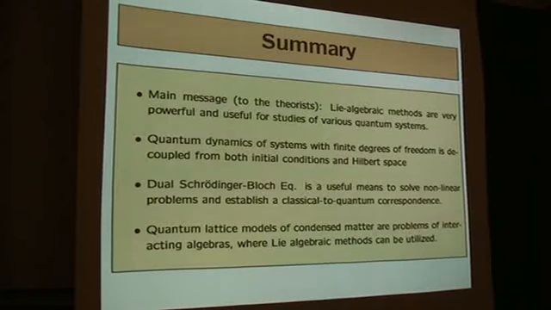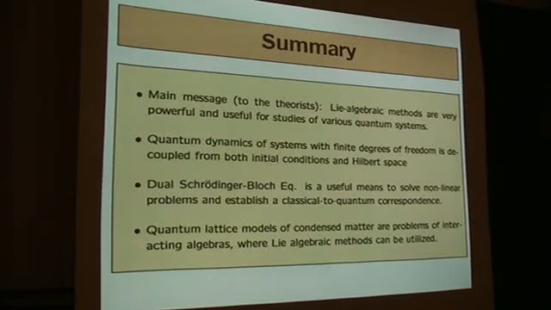I think it's an important thing that the quantum dynamics of closed quantum systems with finite degrees of freedom is actually decoupled from the Hilbert space and can be analyzed completely independently of it. Sometimes it is useful.